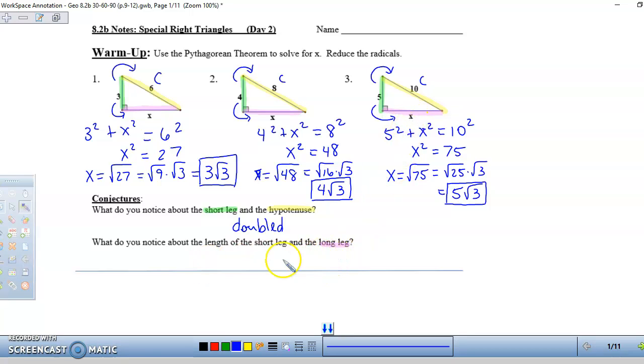So in this case, you take the short leg and you times root 3, and that gets you the long leg. This pattern occurs whenever you have a right triangle where the hypotenuse is double the short leg. You are always going to get that root 3 relationship as well.